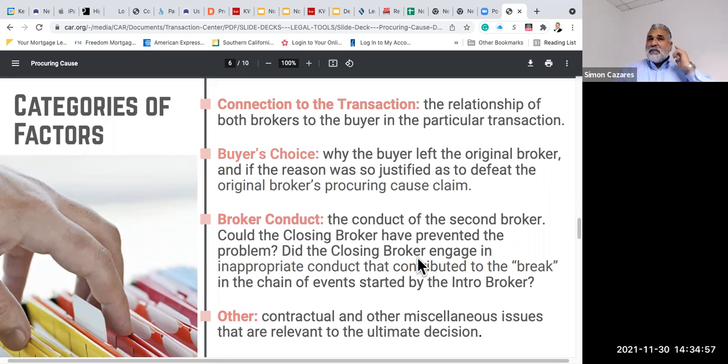Okay, is that a compelling position of procuring cause? It depends. It really, really depends. Because again, we can argue that, yeah, I induced the opportunity because if it wasn't for the open house, the buyer would have never gone into the property, wouldn't have seen the property, and wouldn't have submitted an offer. Now, the question is, who is entitled to a commission?